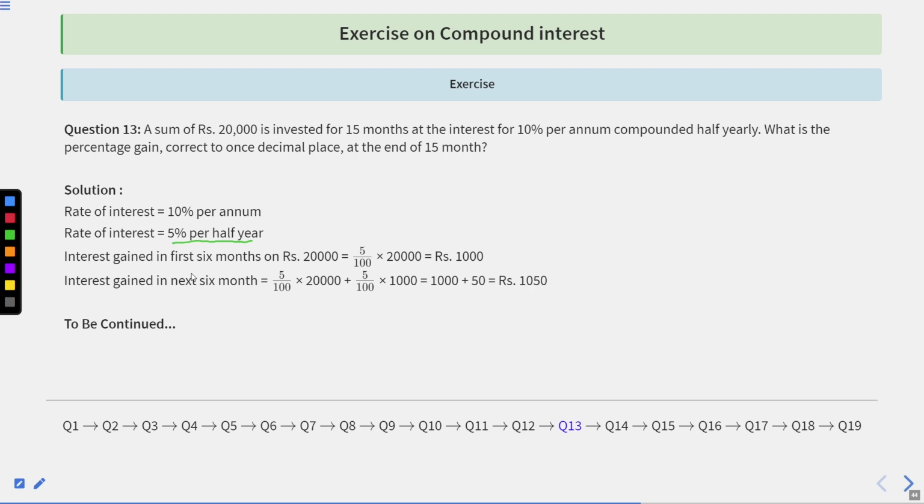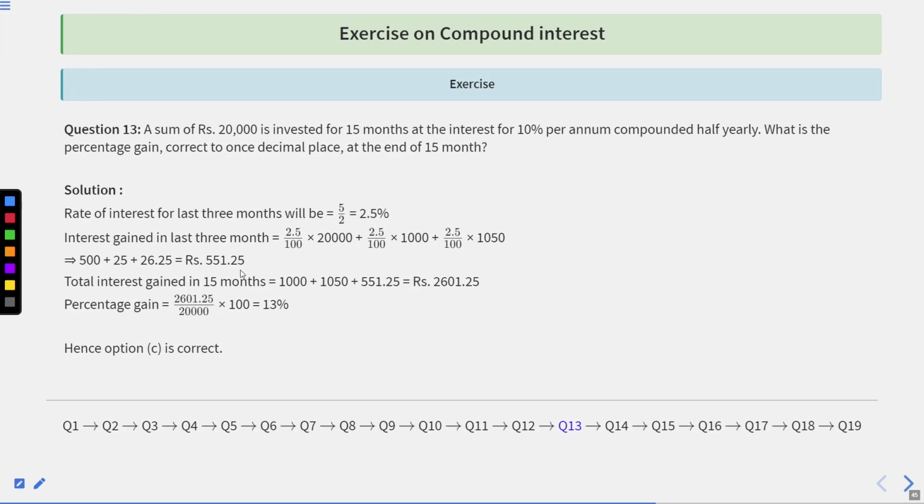So the interest gained in the first 6 months on rupees 20,000 is 5 upon 100 into 20,000, which is 1,000 rupees. And the interest gained in the next 6 months is 5 upon 100 into 20,000 plus 5 upon 100 into 1,000, which is 1,050 rupees.